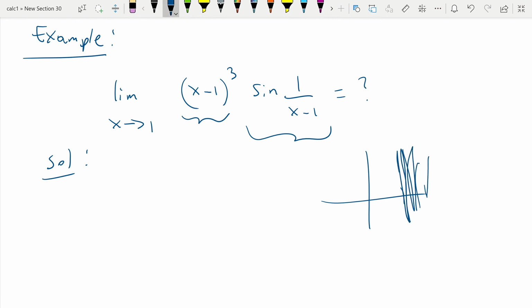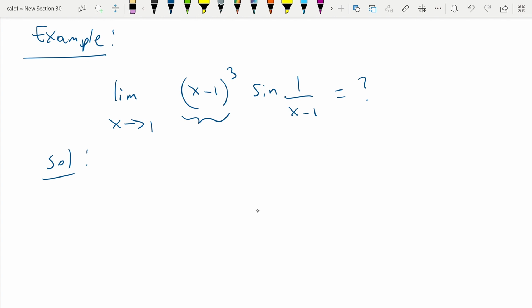It's a very wild behavior near 1 on either side, but it doesn't converge to anything. So you cannot just say the limit is 0 times the limit of something, because the limit of sine of 1 over x minus 1 does not exist. This doesn't apply. So whenever you have something like this, you apply the squeeze theorem.